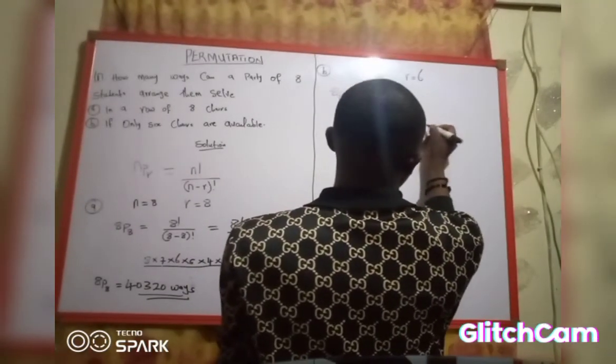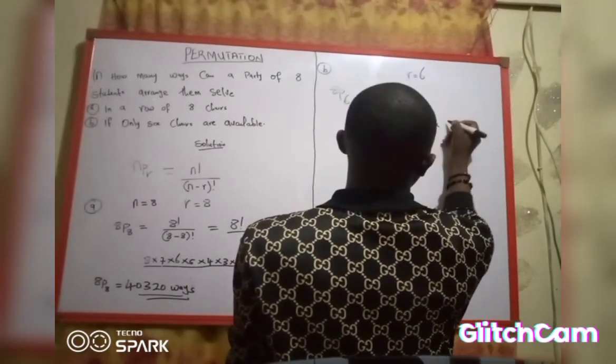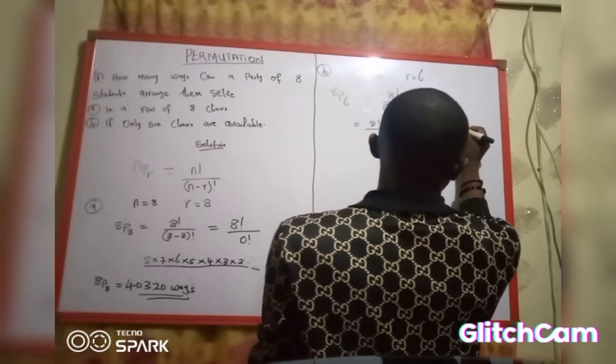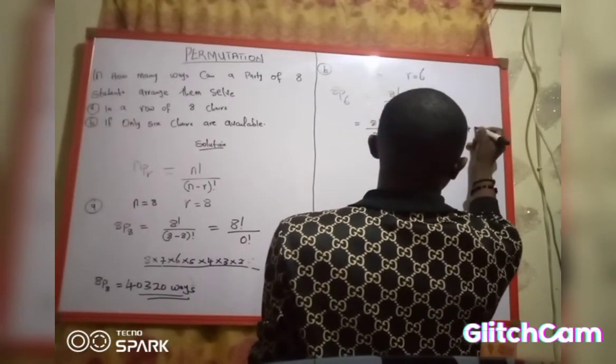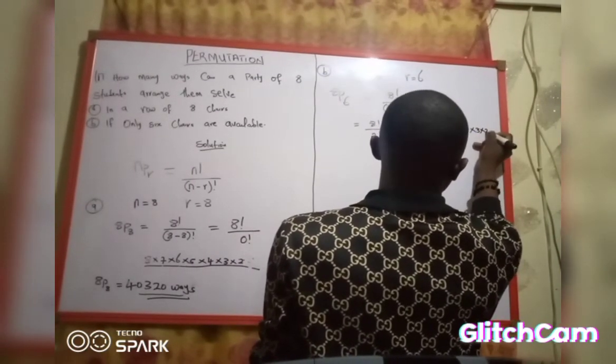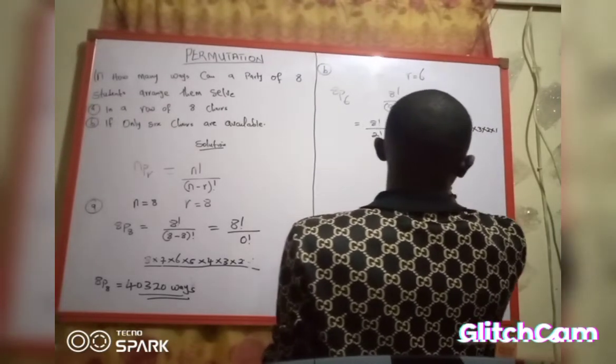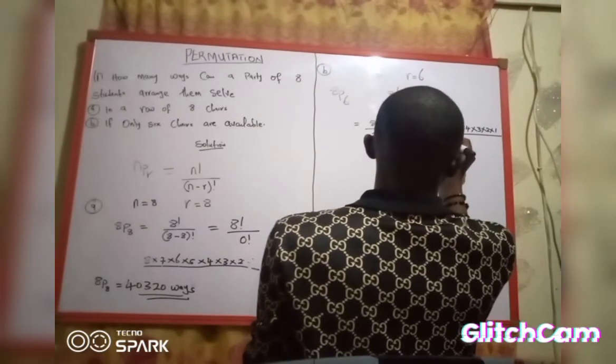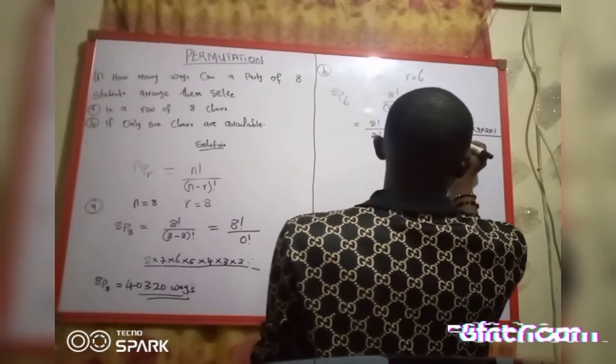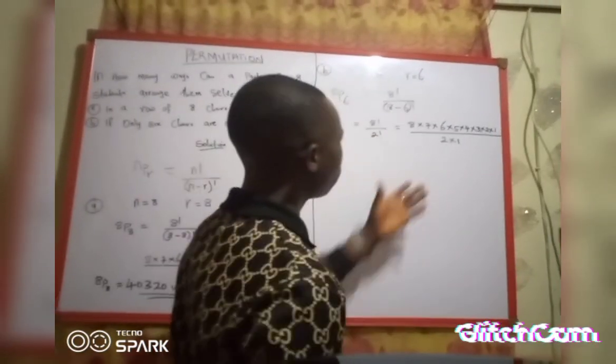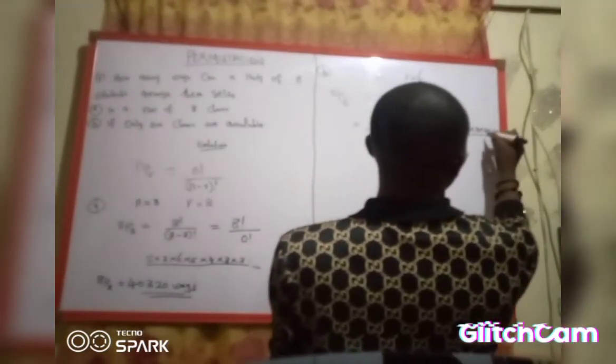This gives 8 multiplied by 7 multiplied by 6 multiplied by 5, multiply by 4, multiply by 3, multiply by 2, and multiply by 1, all over 2 factorial, which is 2 times 1. So from here, this can go with this.